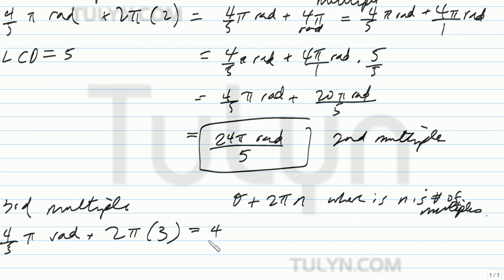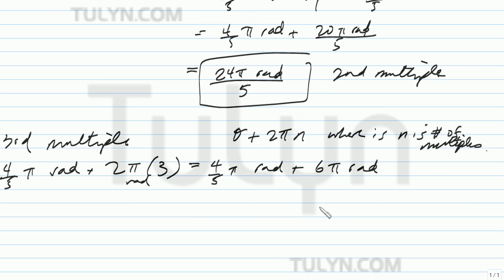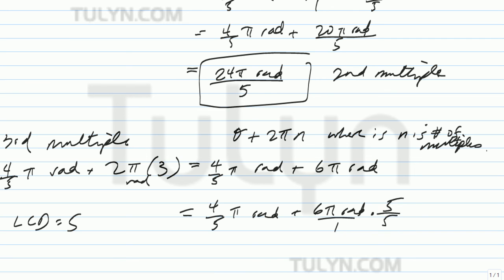So 4/5 pi radian plus 2 pi times 3, which is 6 pi radians. In order to combine fractions, it's easier to make both of them into a fraction, so it'll be 6 pi radian over 1, times your LCD, the least common multiple of 5 and 1, which is 5. So multiply this denominator to get 5, and do the same thing in your numerator. Now you're multiplying by 1, so it will just cancel out.